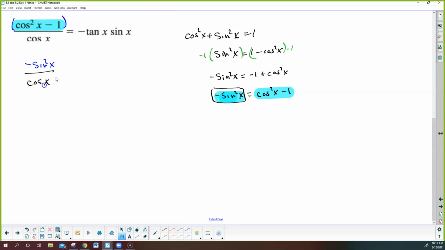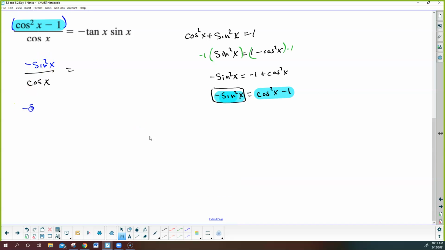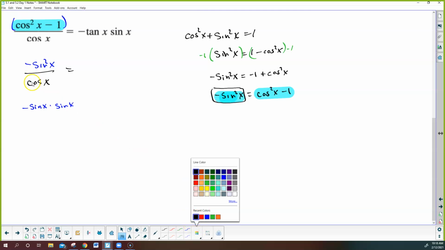over cosine of x. Now again, my goal is to make it look like this whole right side. And nothing really jumps out at me. And this is one of the things that is a little bit tricky. Remember what we can do with the sine. Another way to think of sine squared is sine times sine. Now notice it's not negative times negative because that would be a positive. So I just put the negative out in front and attached it to this one. And then this is cosine.